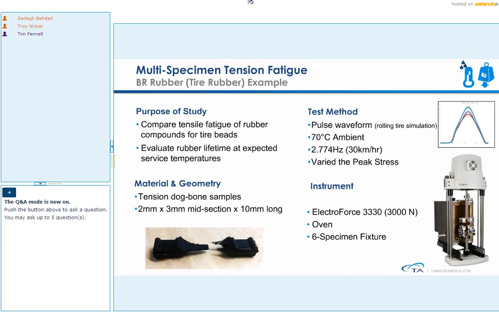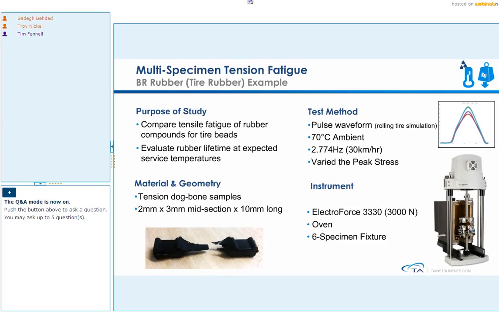And the test wasn't exactly sinusoidal. The graph that you see on the upper right is showing you the waveform that was applied to these samples. It's sort of a pulse waveform that is replicating the rolling tire movement on a certain type of road. I believe it was cobblestone here.